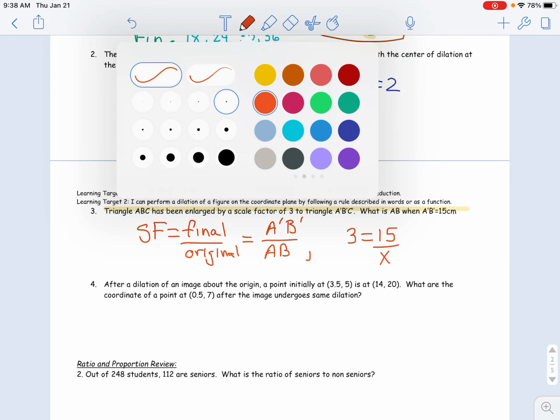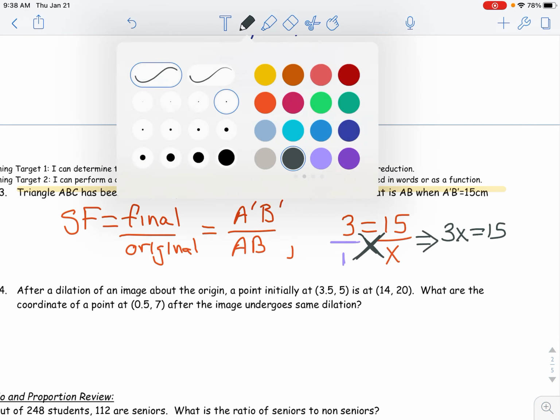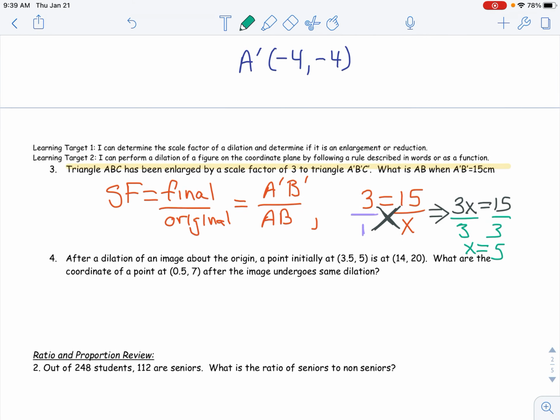I mean, you can use some common sense, but this is kind of a build-up to what we'll be doing moving forward. If I write 3 over 1, we're going to use an incredibly famous technique to solve this called cross multiplication. All right, then we get 3x equals 15. Then divide both sides by 3, and x equals 5.